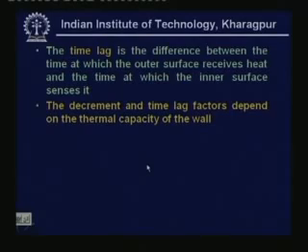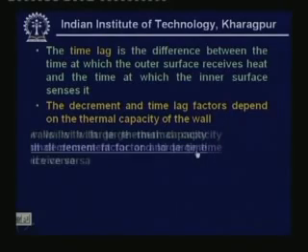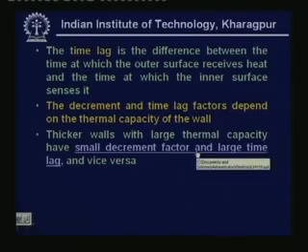This is because of the thermal capacity of the wall, and this factor is known as the time lag factor. The decrement and time lag factors depend on the thermal capacity of the wall. Obviously, the thermal capacity of the wall depends upon the density of the wall, thickness of the wall, and specific heat of the wall. Thicker walls with large thermal capacity have a small decrement factor and large time lag, and vice versa.